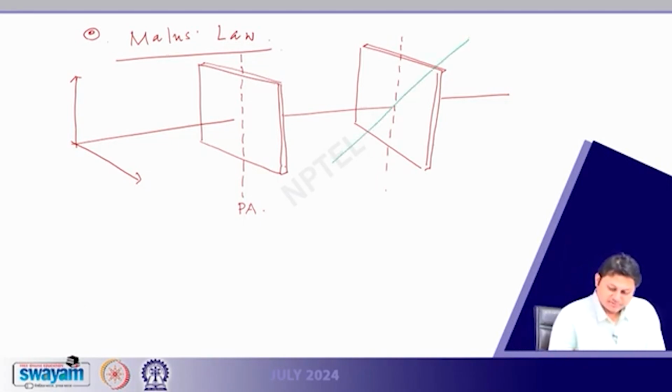The pass axis is essentially a direction, and this angle is, say, theta, and then I try to find out what the intensity is at this point. So, this is the polarizer, and this is the analyzer.